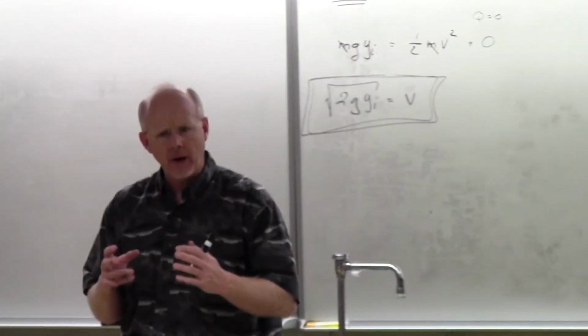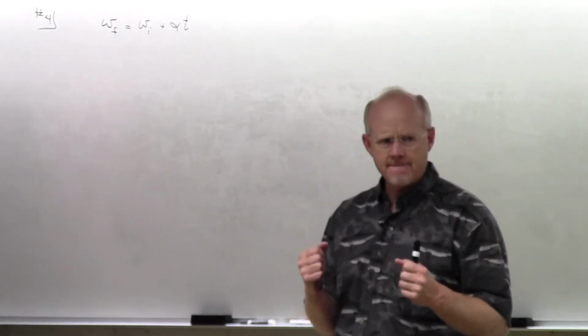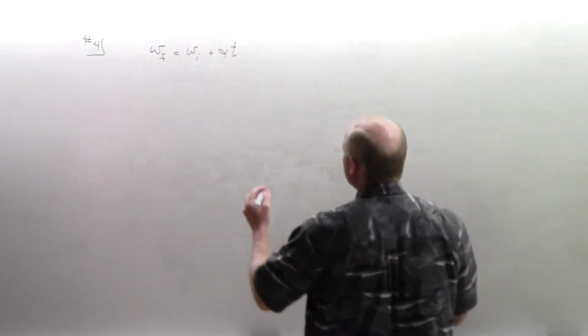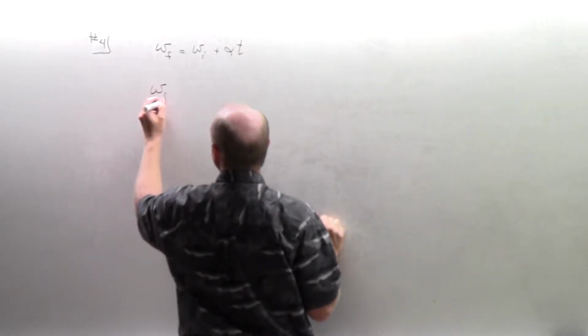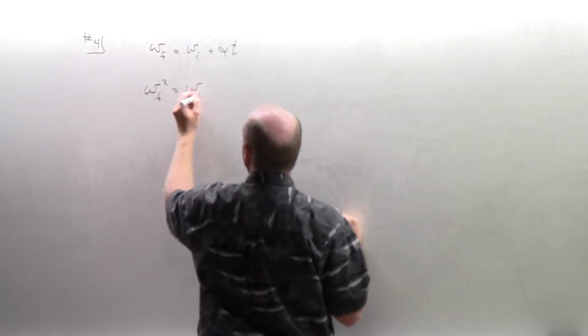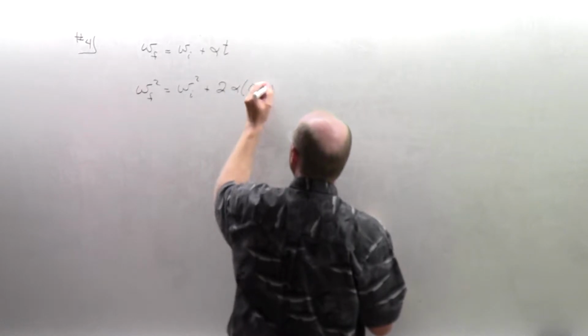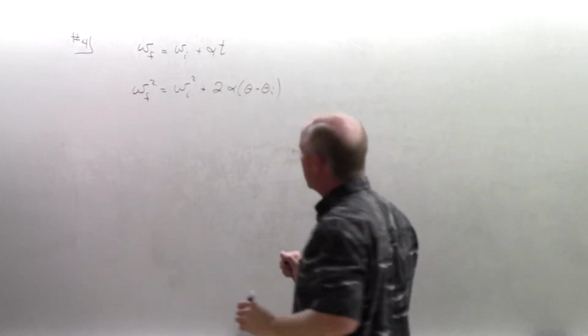So which is probably a better equation here? Do you remember number 3? Number 3 was relating the final speed compared to the initial speed, and the angular acceleration. Does that look familiar? So I think this one would be more appropriate.